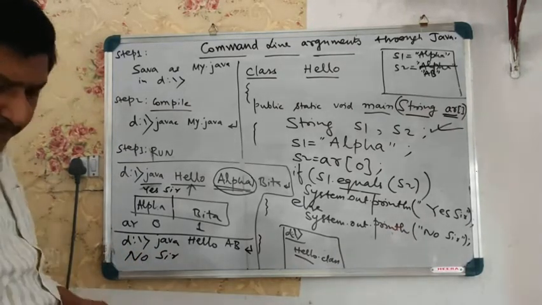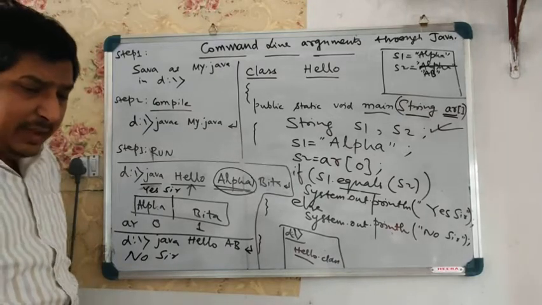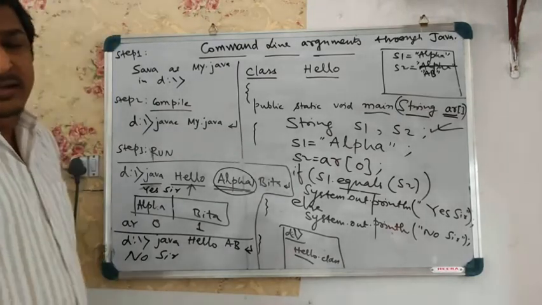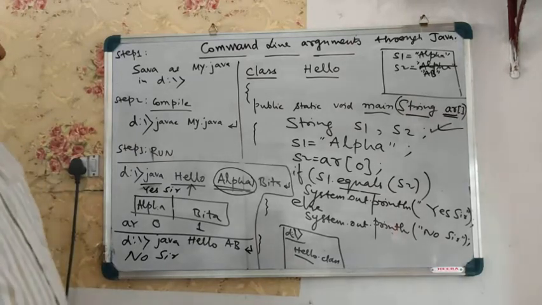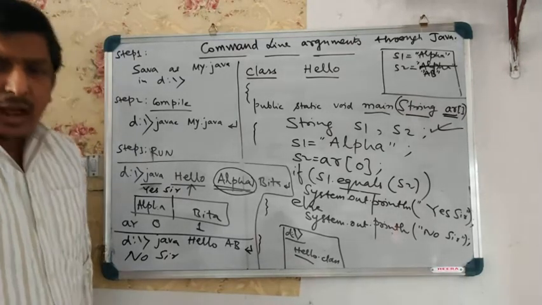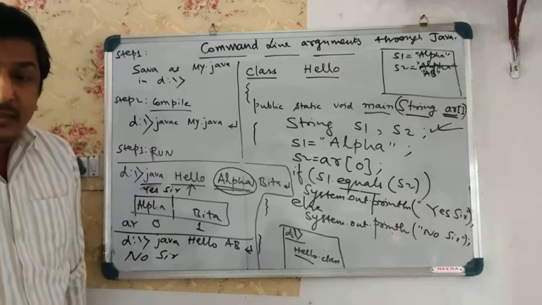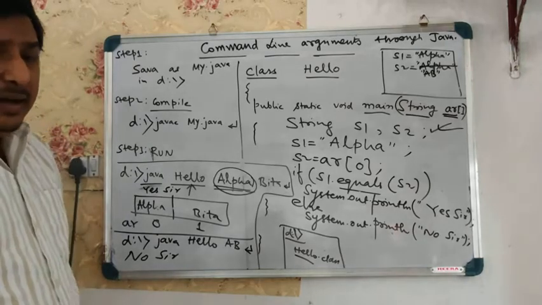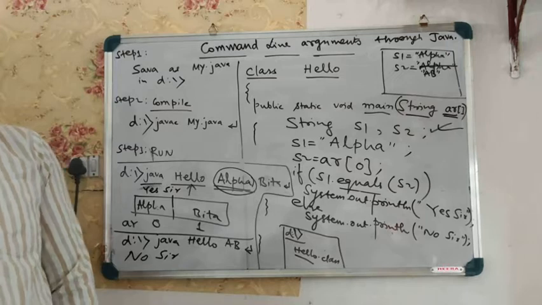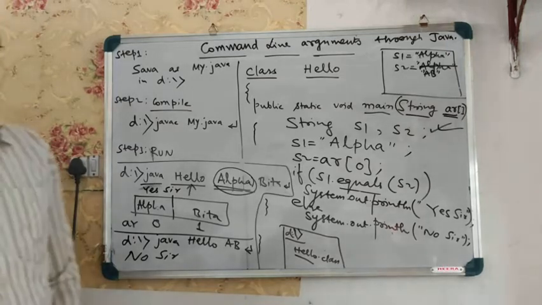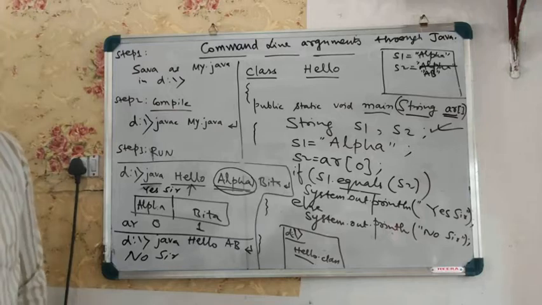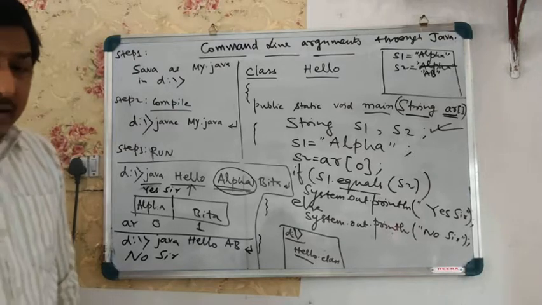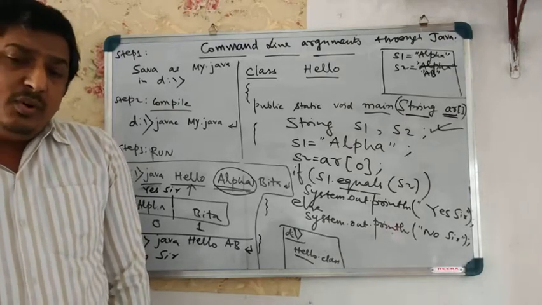So what is the idea behind this command line argument? The idea is that I may write a program, think that somebody has given me an offer to write a program with this facility. After some days he also asks, okay, I have this, but now I want one more addition.